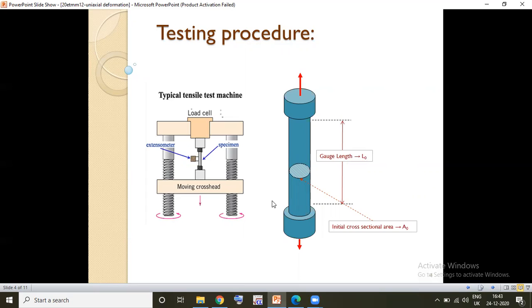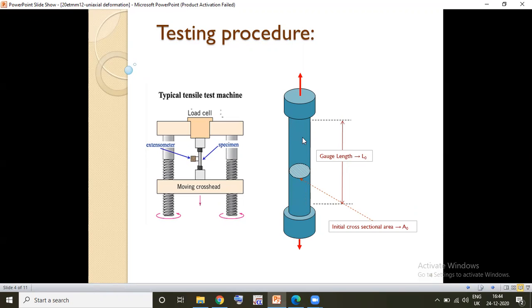In this tensile testing machine, we have a moving crosshead, the load cell, the extensometer, which basically means a strain gauge, and we have a specimen. The specimen is made according to ASTM standards. Here you can see that there is a reduction in area between the two sections of the rod, which means there is a variation in the cross section.